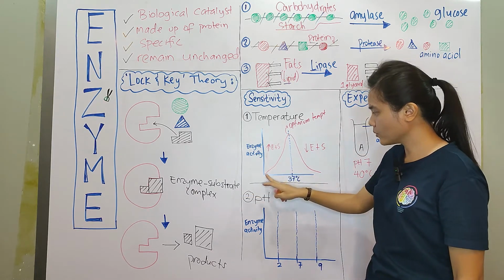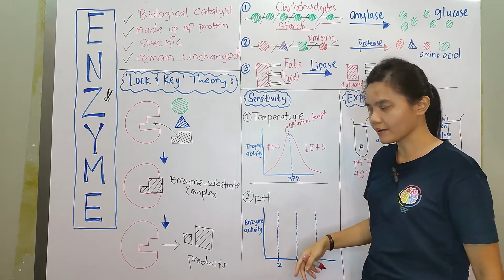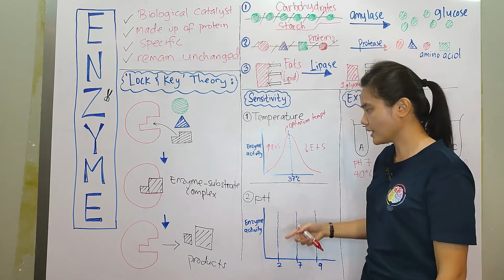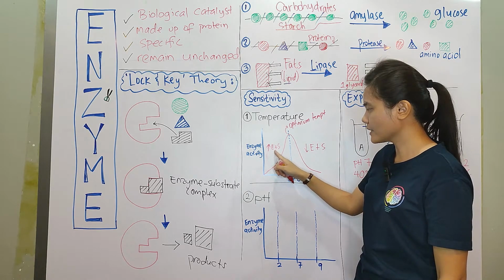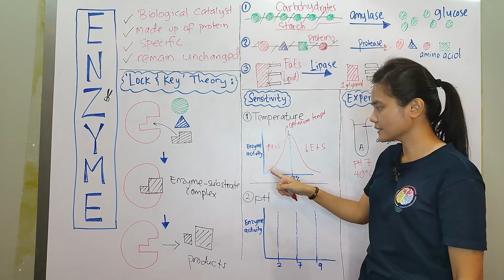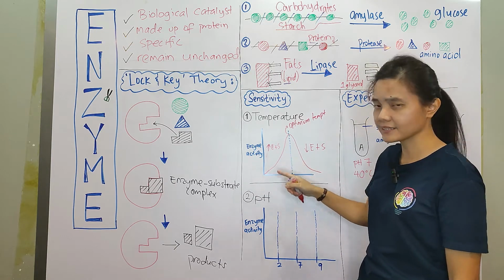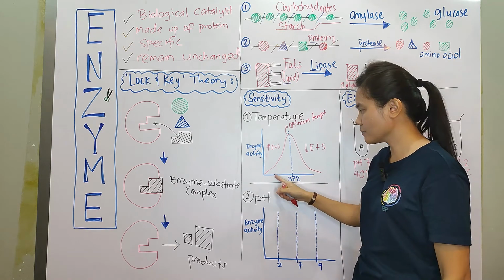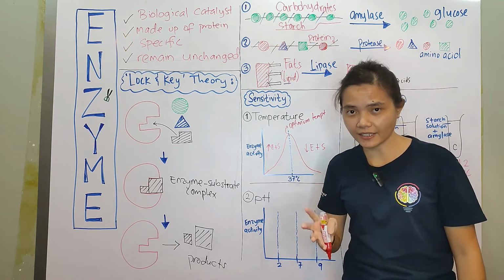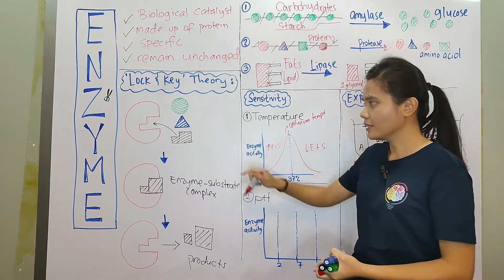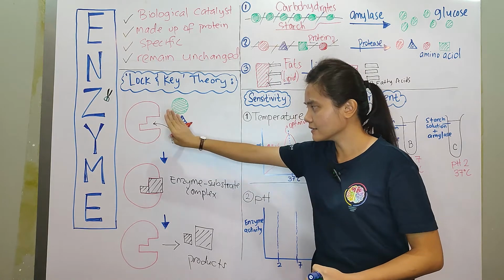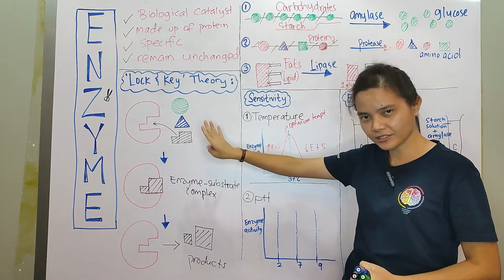Why? If in exam the question asks why at low temperature the formation of enzyme substrate complex is less, you can answer because the enzyme is inactive. When inactive, it means the enzyme just sleeps, but the active site is still the same, it will not change.